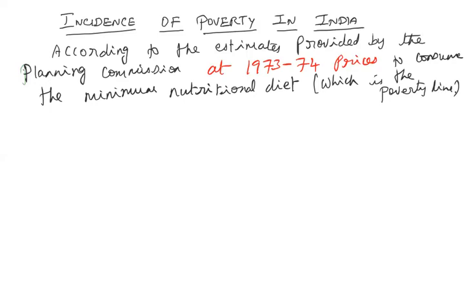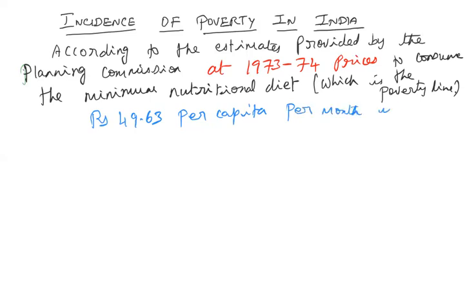So at 1973-74 prices, the consumption expenditure happens to be rupees 49.63 per person, that is per capita, per month in rural areas.